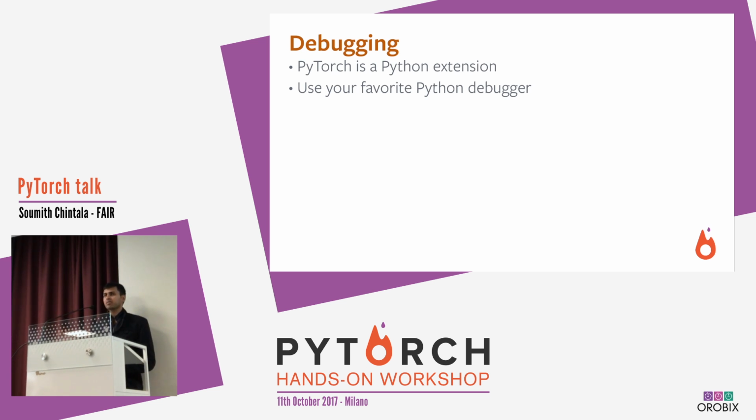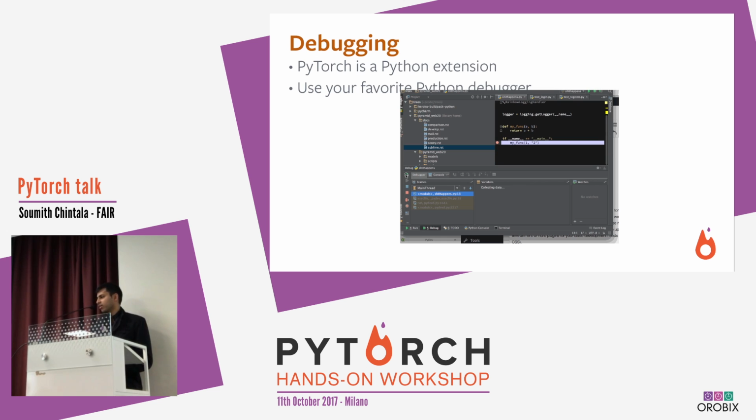Python has several debuggers that come shipped with it, like the default PDB, but also many fancy debuggers where you can set breakpoints and stop and so on. All of those you can use with PyTorch. There's nothing different about debugging PyTorch code than debugging Python code, and I think that's pretty powerful.